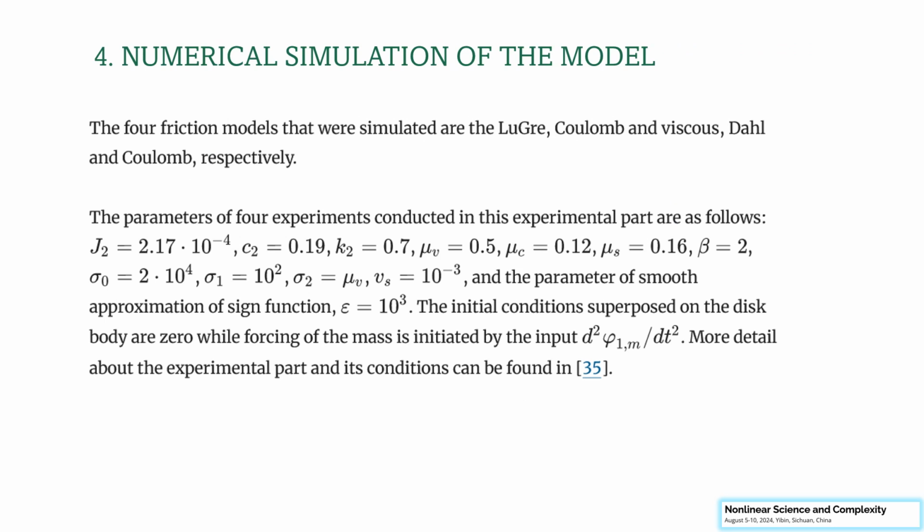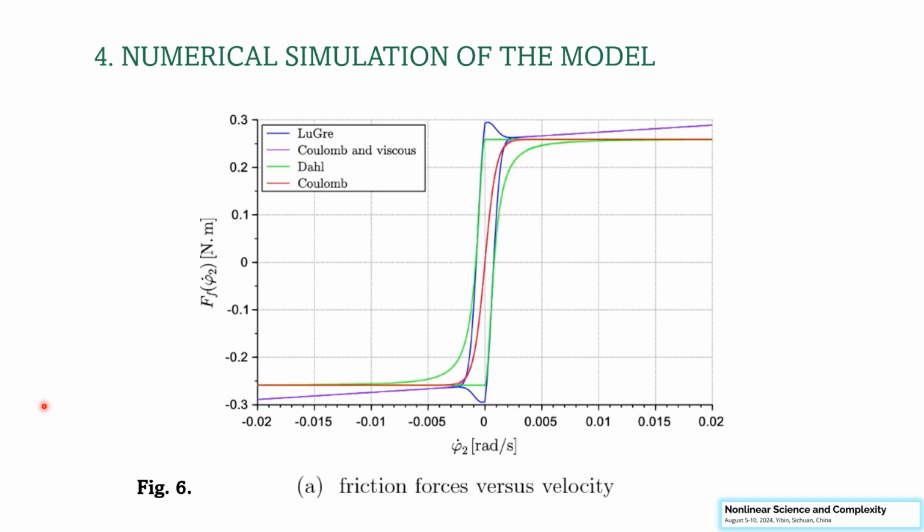Numerical simulation is conducted at the following parameters. Various friction models are compared, and in figure 6 we see friction forces versus velocity of the disk. So we can see that its behavior is mostly different about zero relative velocity.